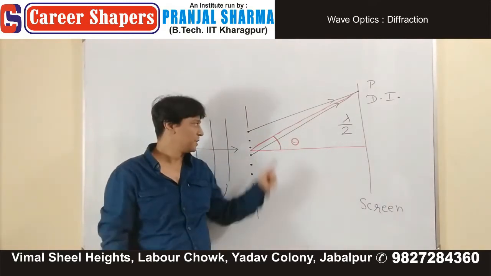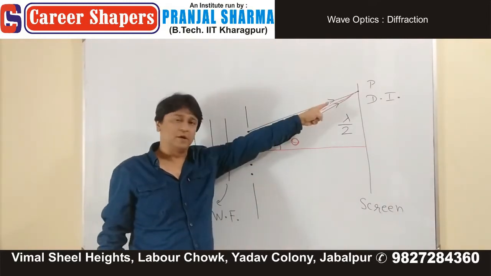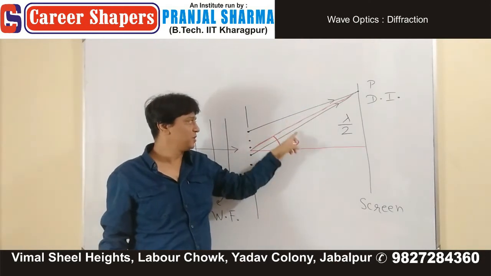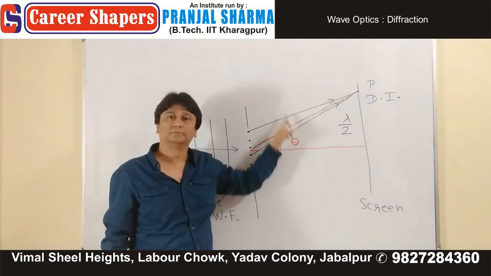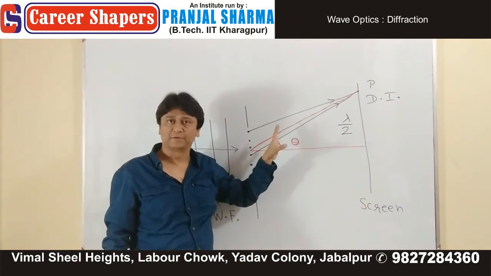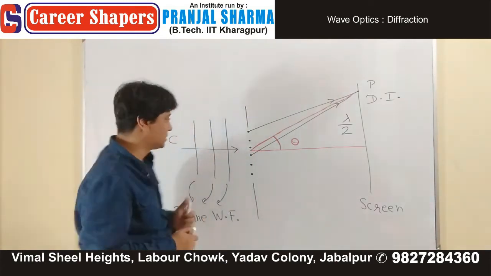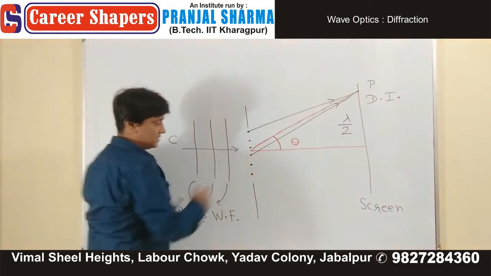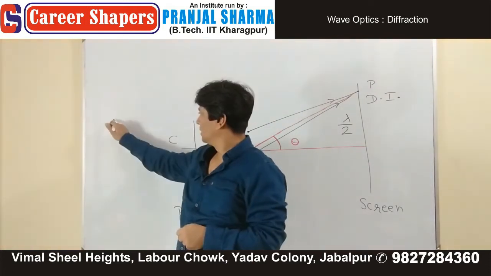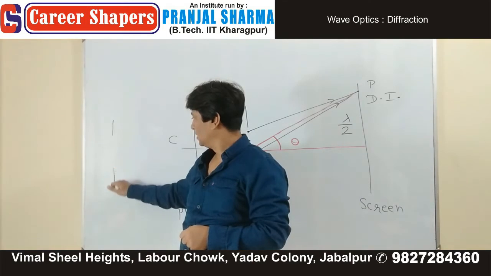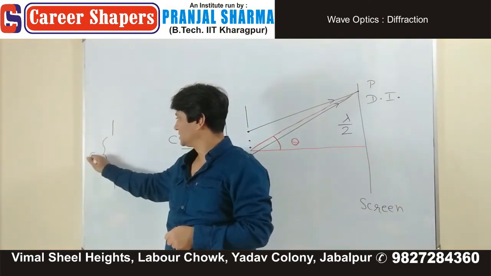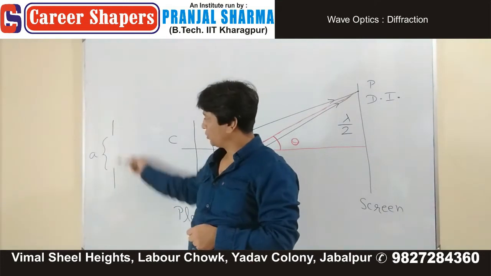Now, for that point, we need to find the path difference between these two waves. How do we do that? Suppose this slit size, let's say, is A, the opening.